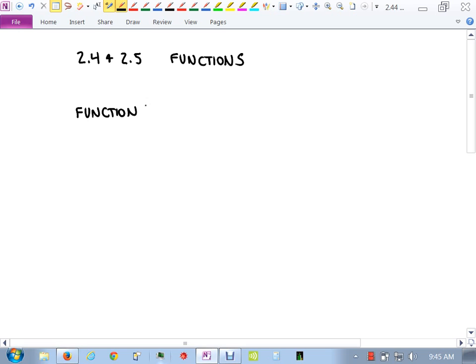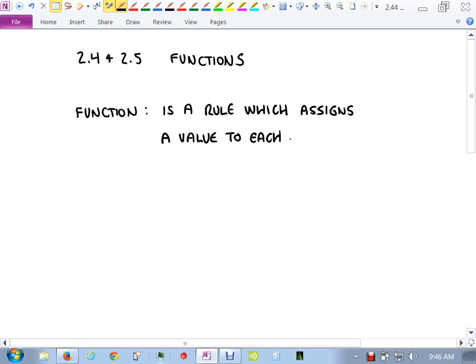Okay, a function, this is the definition, is a rule which assigns a value to each number given to the function.